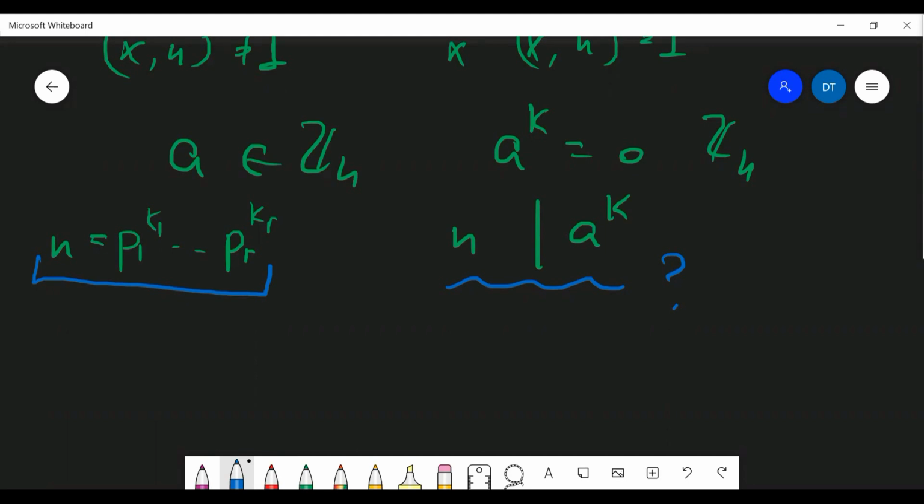Okay, that means there are enough primes in A, which simply means that each pi divides A. So p1 divides A, etc., pr divides A, which means p1 times pr divides A. So this is the criterion.